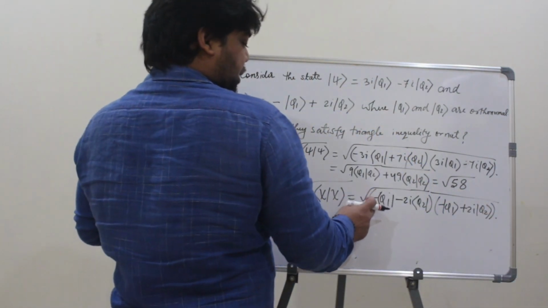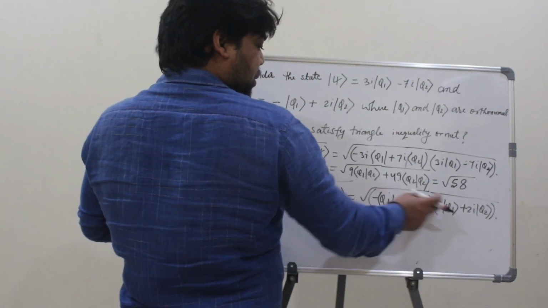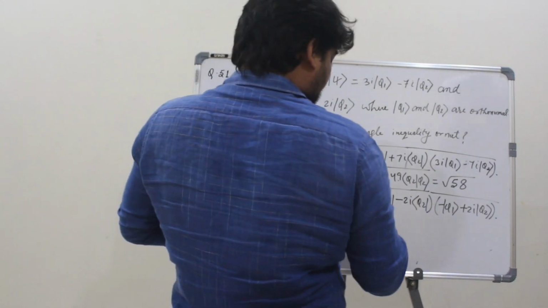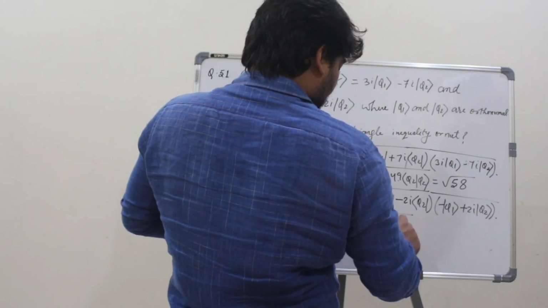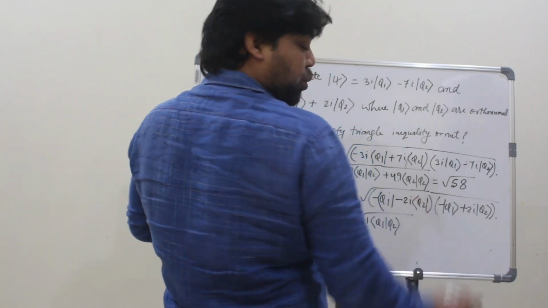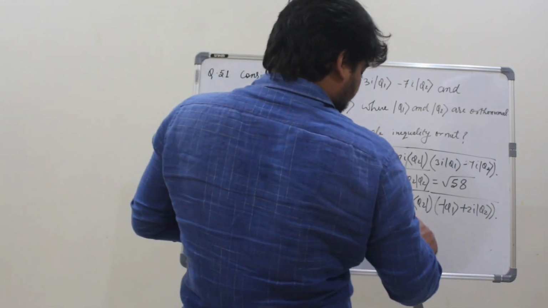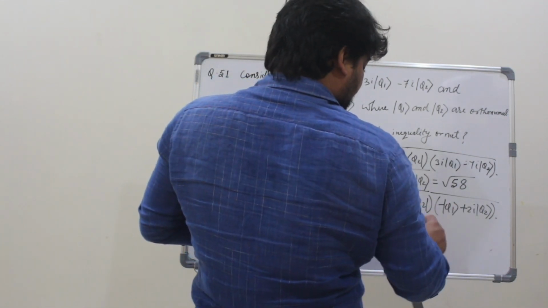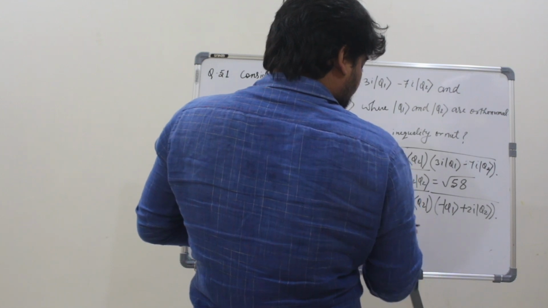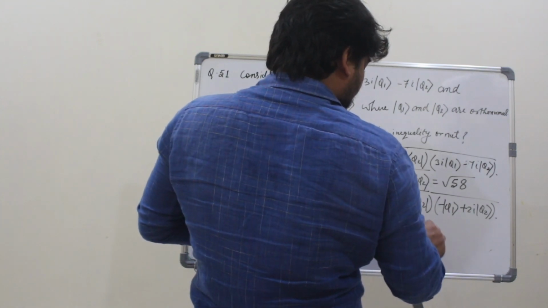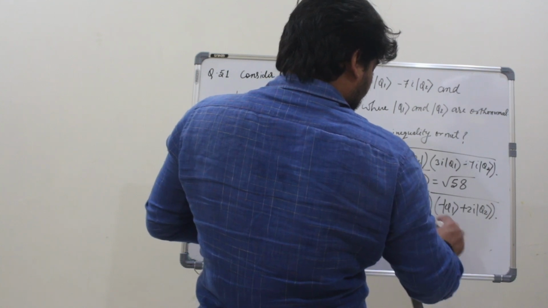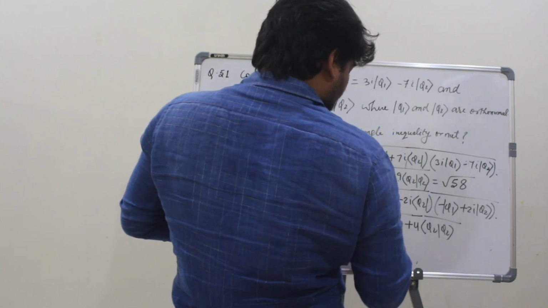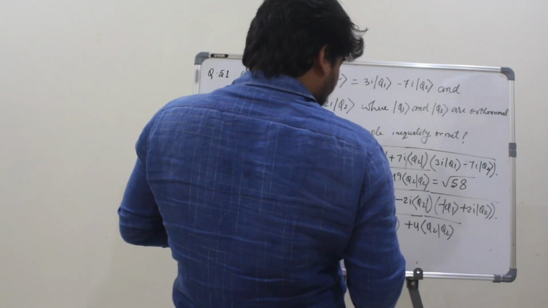Just take the multiplication. Minus times minus is plus, giving you 1, and this gives 2 squared, 4, so 4i square with minus sign is plus 4. So you are left with root 5.